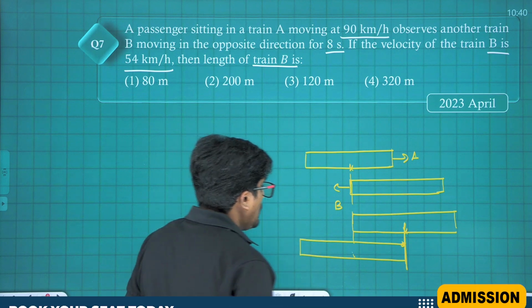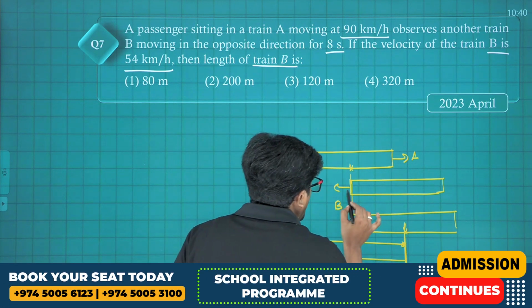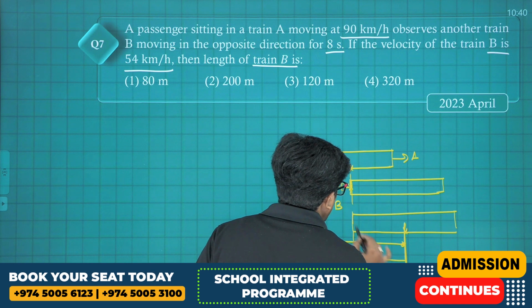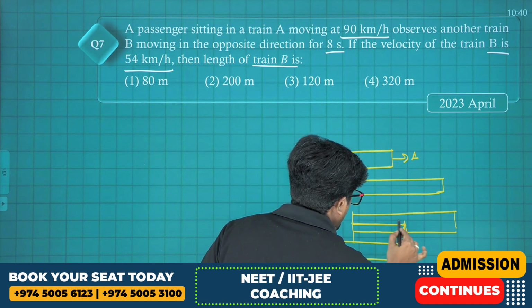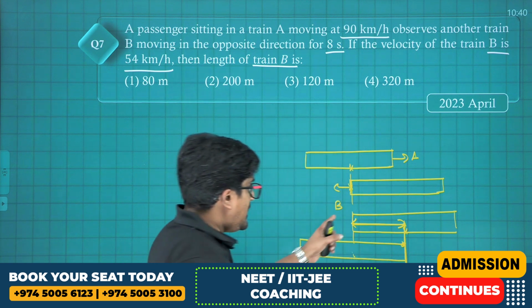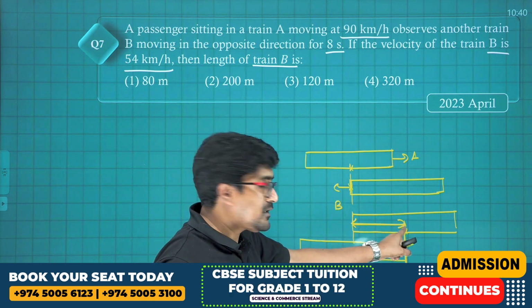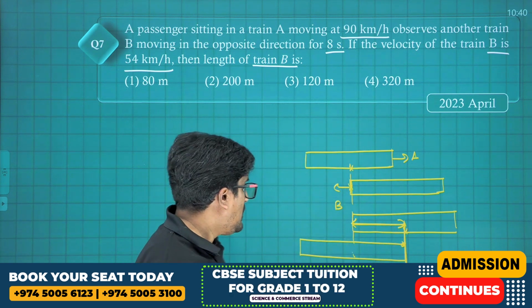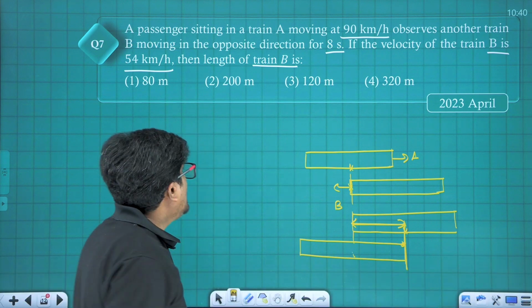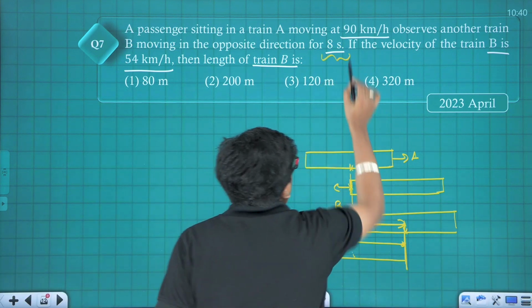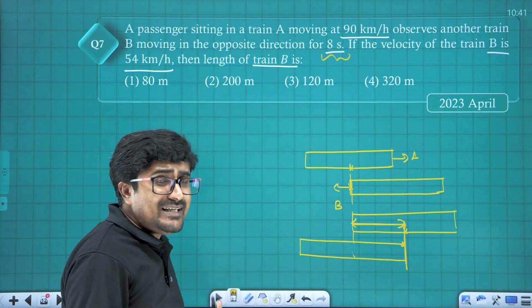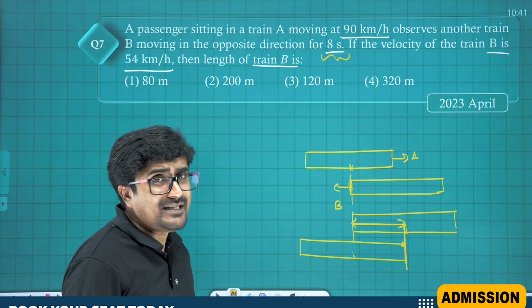Now from this particular moment to this particular moment he was observing the train. Okay, fine. Now the question is, he was able to see the train for 8 seconds.